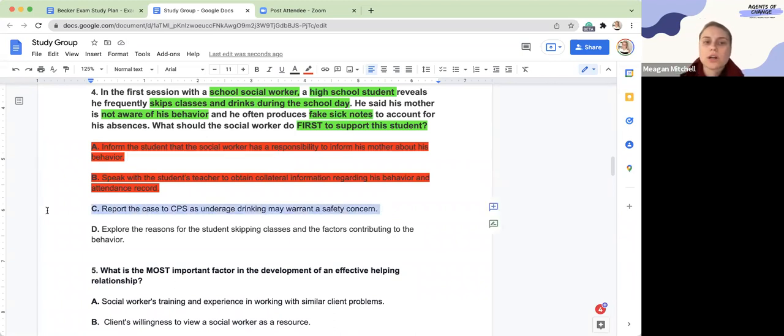Do we report this case to CPS? Why or why not? Underage drinking happens. CPS is not going to take a call for this unless the client is a danger to themselves or others.